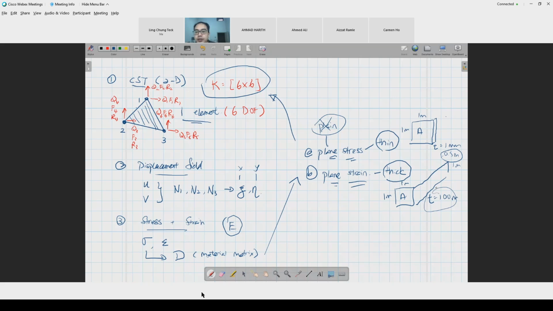Okay, so this is the second part that I hope you will take note of. Plane stress, plane strain is the first thing. Even in the questions, when we set up the marking scheme, you have to answer first what your assumption is. Whether the question asks you or not, please state your assumption, whether it's plane stress or plane strain. The question might not ask you what assumption you need to make, but please write down your assumption before you start answering.